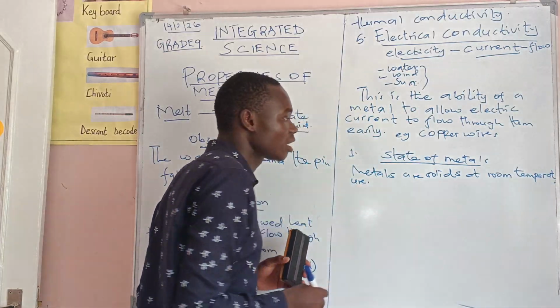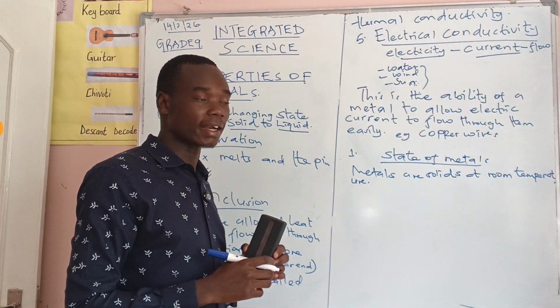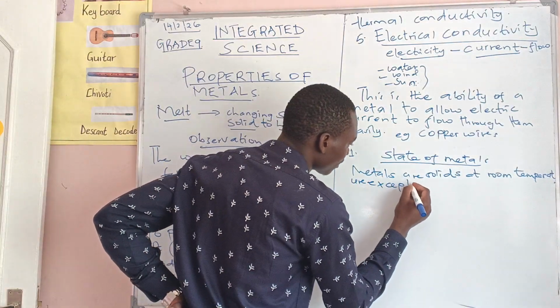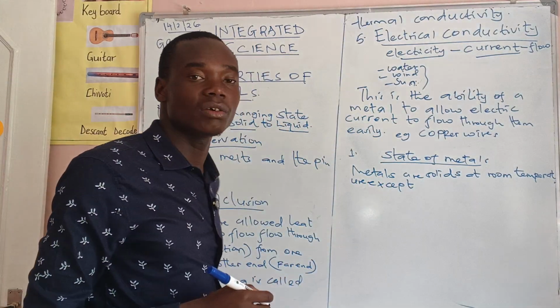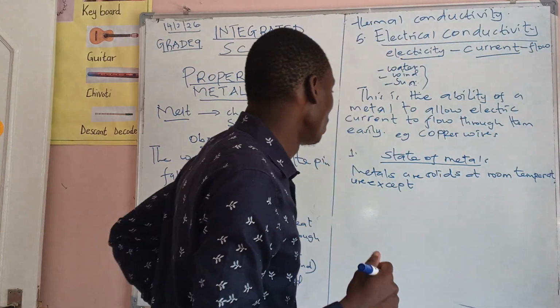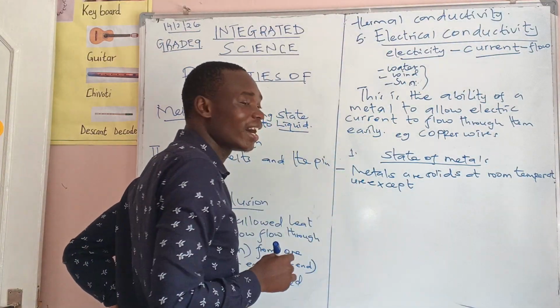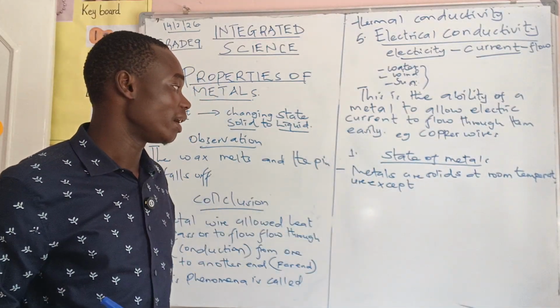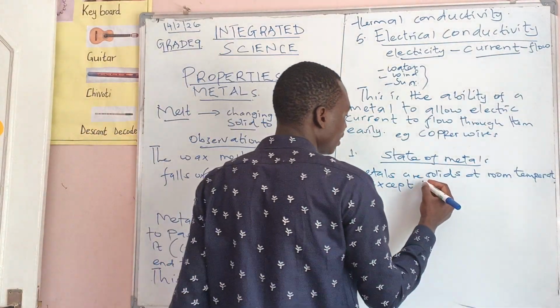They are solid at room temperature. That is what metals are. Except, I want us to add this, except, unto your medulla oblongata. Don't worry about the term. Metals are solid at room temperature, except mercury.